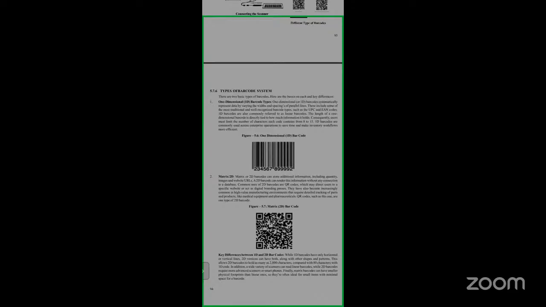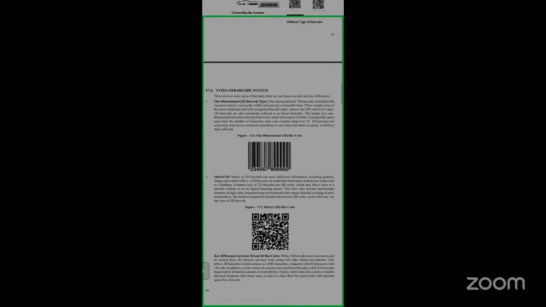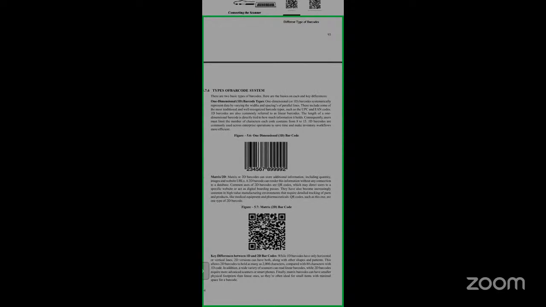One dimensional is what we normally observe on many products. Whenever you purchase any products, you will find this type of barcode. These are also called 1D, or one dimensional barcodes, where you find lines of black and white spaces.